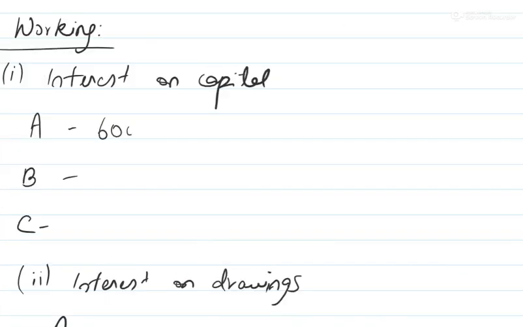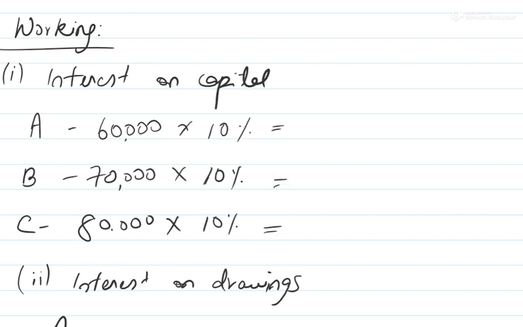The capital of A was 60,000, the capital of B was 70,000, and the capital of C was 80,000. Since there was no addition or withdrawal of capital throughout the year, this sum becomes very easy for us to solve. So the rate of interest on capital is 10%, I believe, 10% into 10% into 10%.